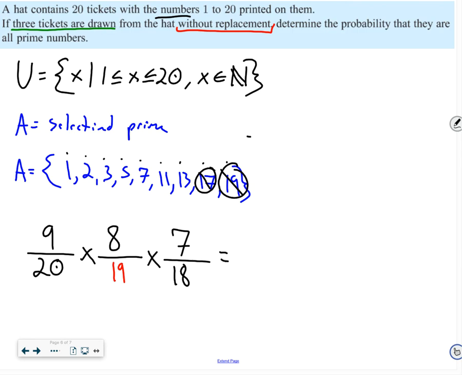Then we do our multiplication. 9 times 8 times 7 equals 504 over 20 times 19 times 18, which is 6,840. If we wanted to put this as a decimal, it'd be 504 divided by 6,840, and we get approximately, because I'm rounding, 0.074 as our probability of getting all prime numbers out of all 3 of our selections.